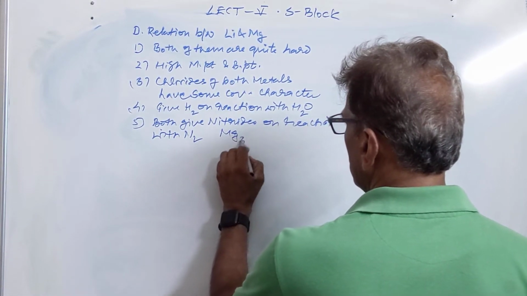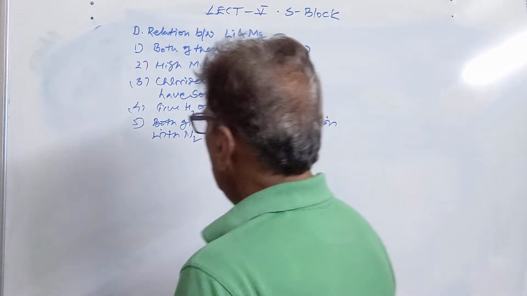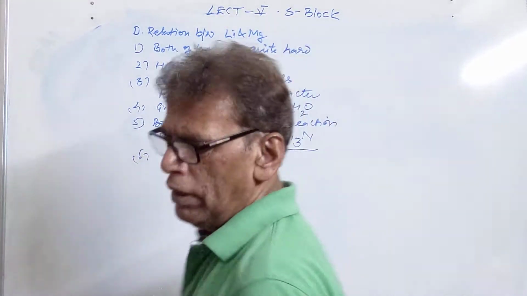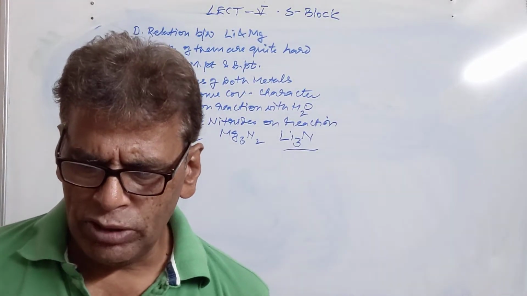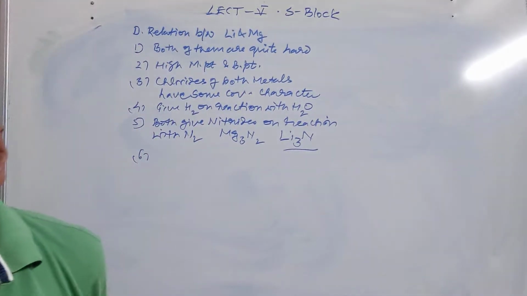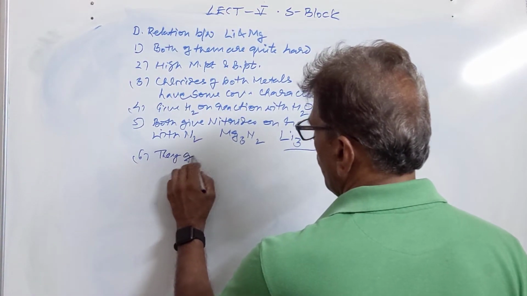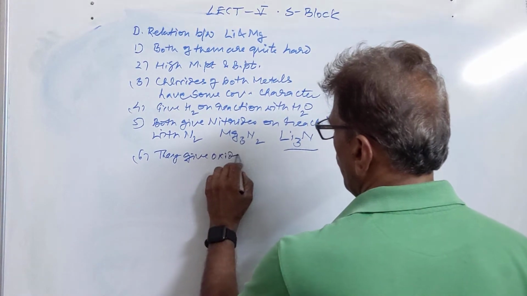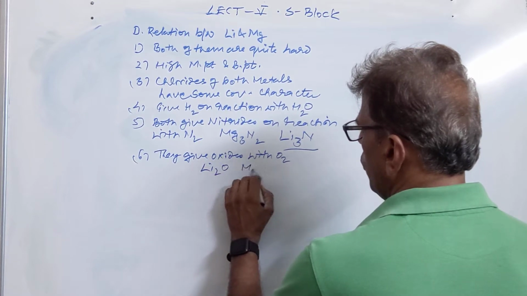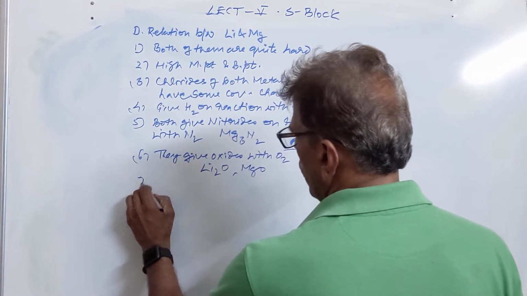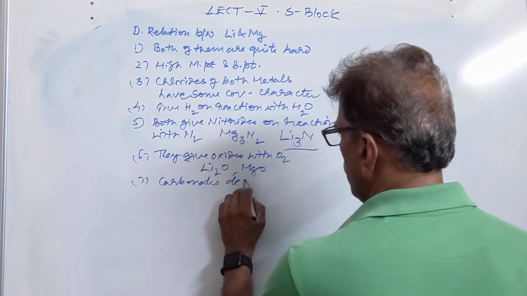Mg3N2, Li3N. Then the nitrides of these elements produce ammonia on reaction with water. On heating in oxygen they produce oxides: Li2O, MgO. Carbonates of both decompose on heating.